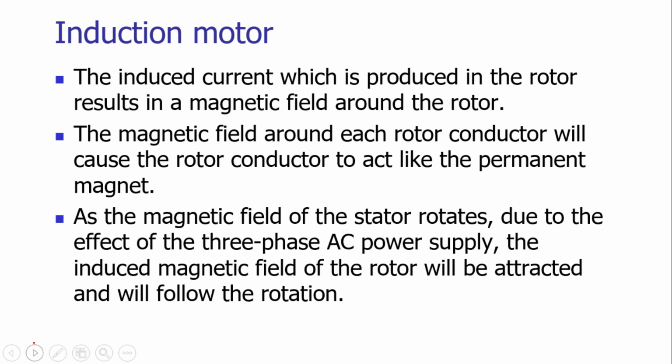The induced current which is produced in the rotor is resulting in a magnetic field around the rotor. The stator windings are generating magnetic field. That magnetic field is inducing electric current in the rotor, and due to the electric current, the rotor will have its own magnetic field.